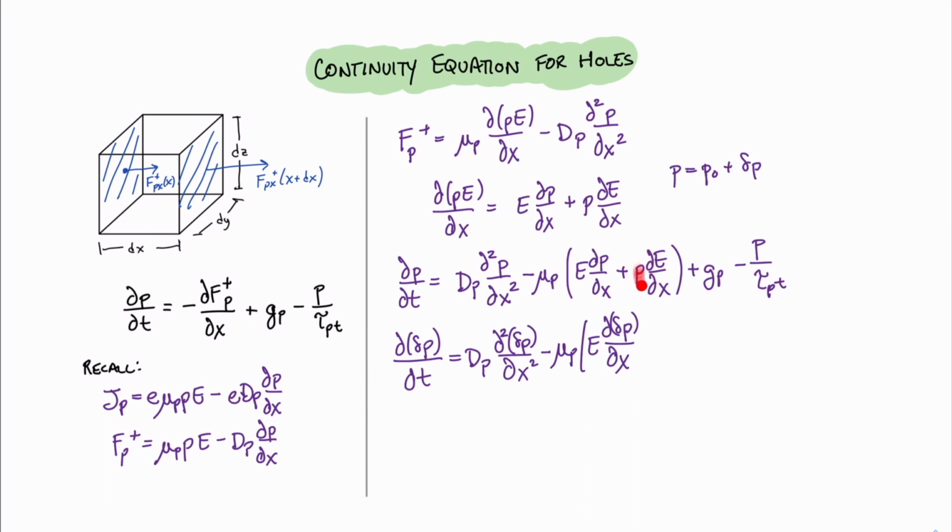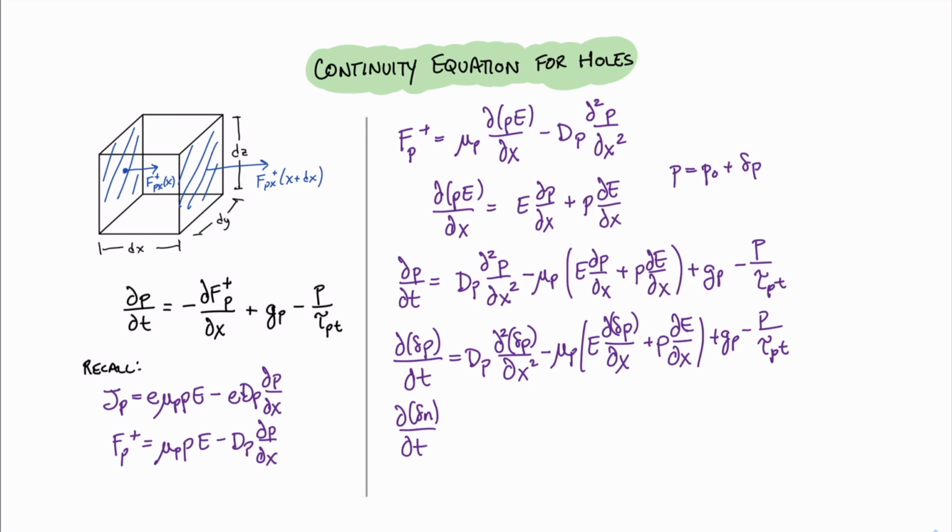We're not taking a derivative there, so no terms cancel out, and this term remains the same. The generation term remains the same, and the recombination term also remains the same. So finishing this out, plus p dE/dx, plus Gp minus p over tau pt.